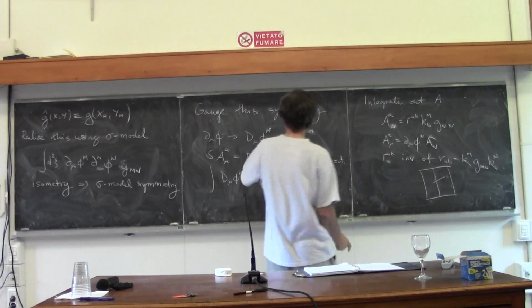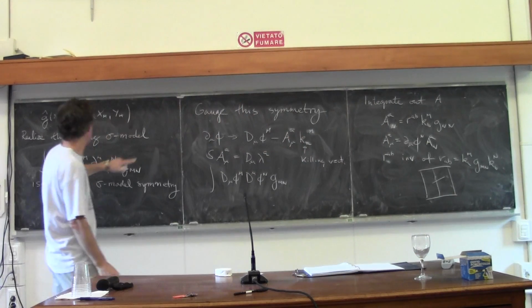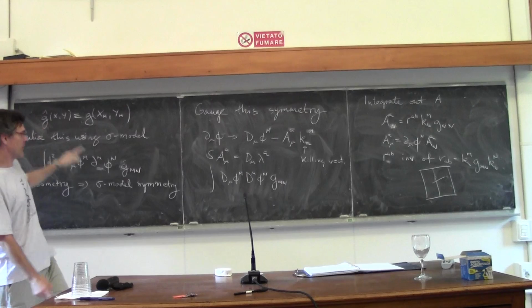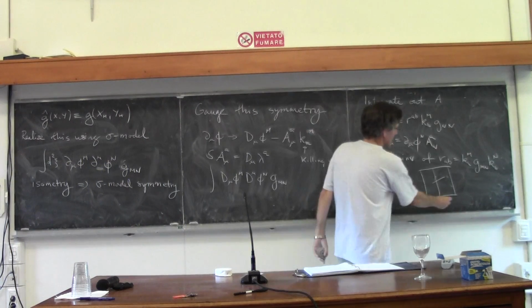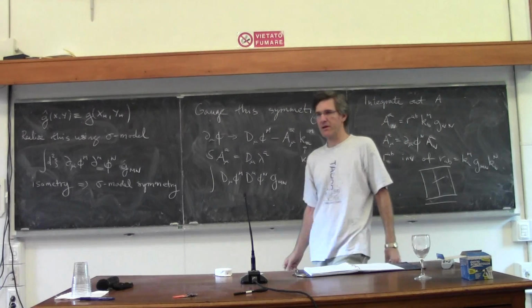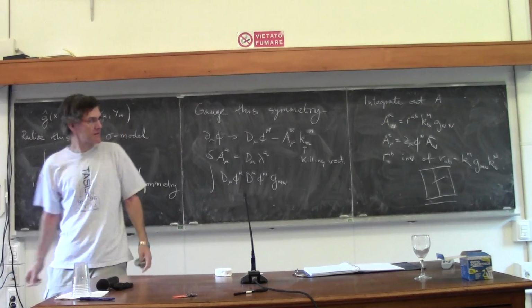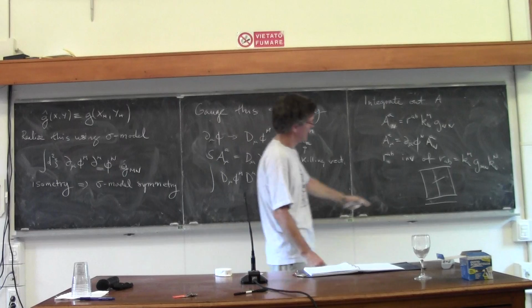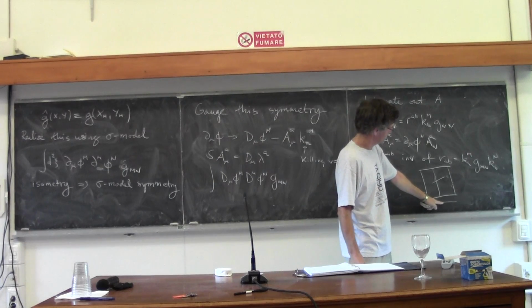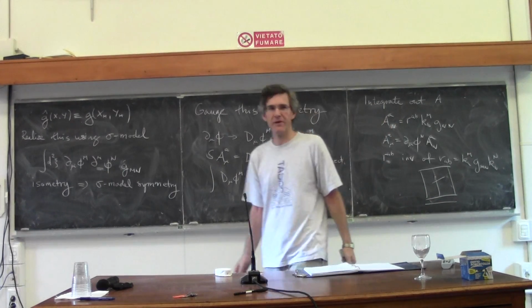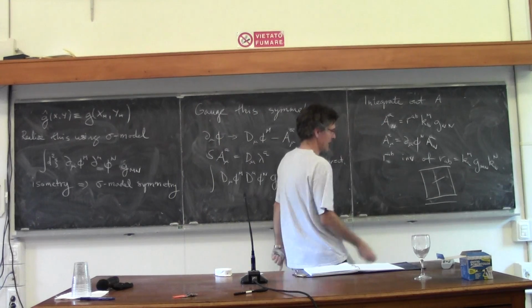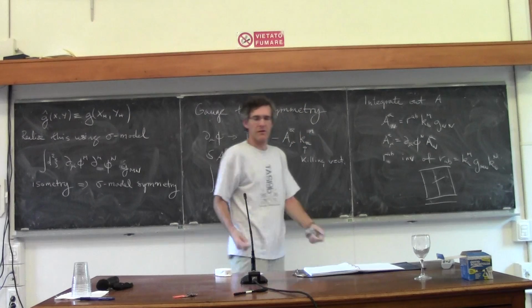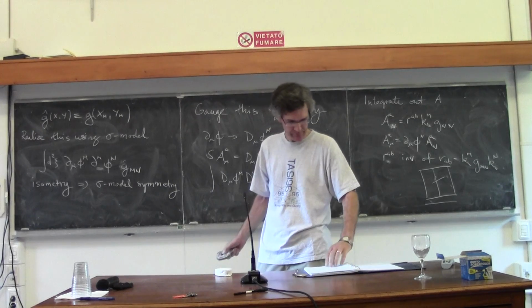So plugging the solution back into the sigma model, we find a new sigma model that lives on the base space with the correct metric, the same one that we got from this construction, choosing the horizontal subspace.